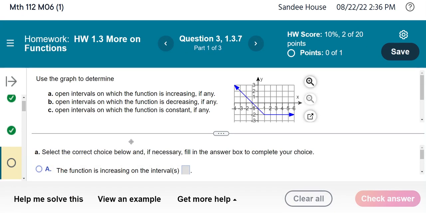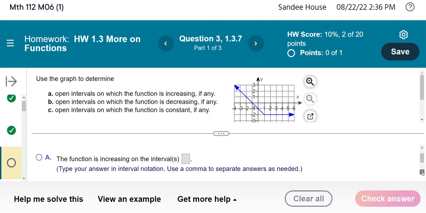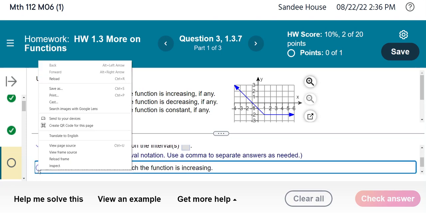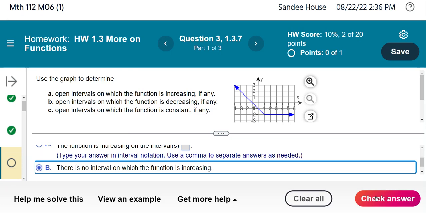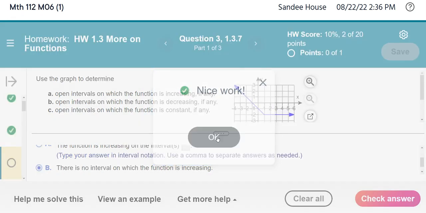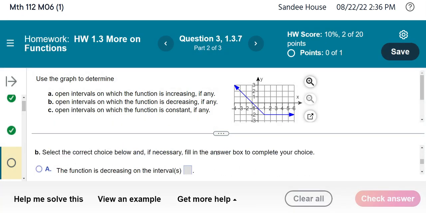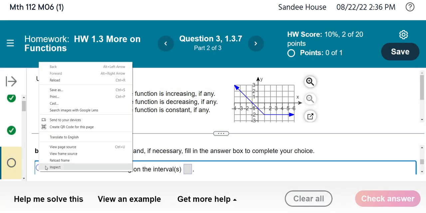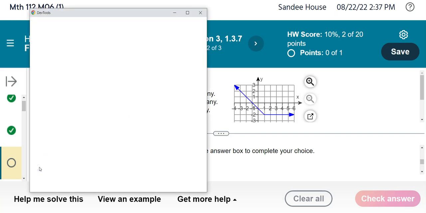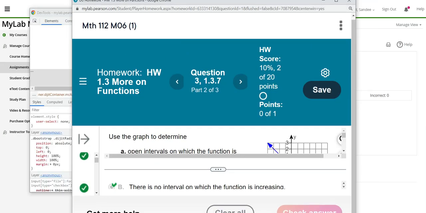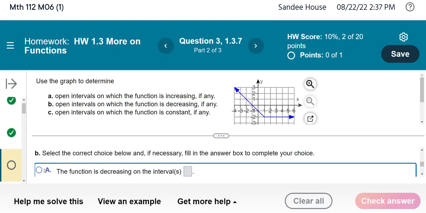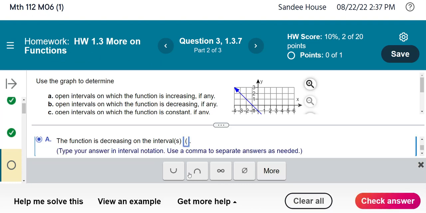So the function is never increasing. So there's no interval over which the function is increasing. And it's decreasing, we said, from negative infinity to x is 1.